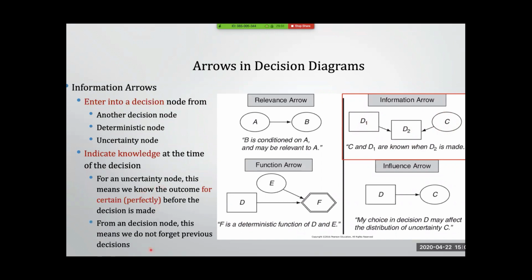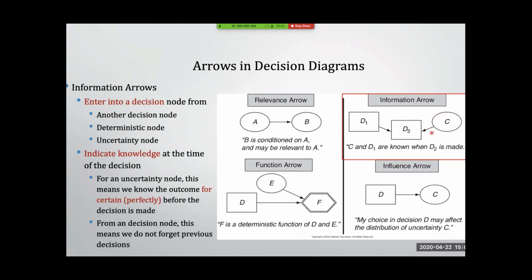So this is what these two mean. And again, this arrow means that the decision maker knows what happened with respect to distinction C for certain. When making decision D2, the decision maker not only has the probability distribution of distinction C, he also knows what will happen for sure from distinction C.